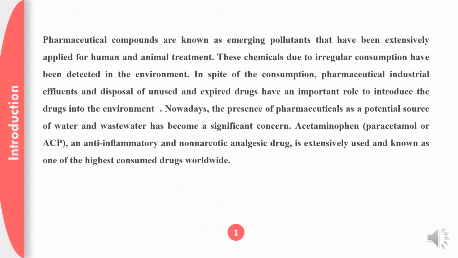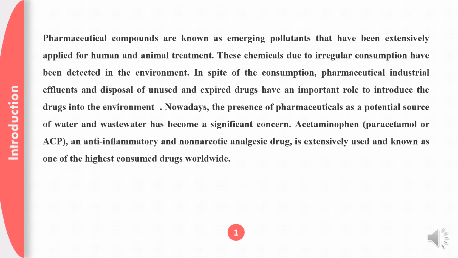Introduction. Pharmaceutical compounds are known as emerging pollutants that have been extensively applied for human and animal treatment. These chemicals, due to irregular consumption, have been detected in the environment. In spite of the consumption, pharmaceutical industrial effluent and disposal of unused and expired drugs have an important role in introducing the drug into the environment.